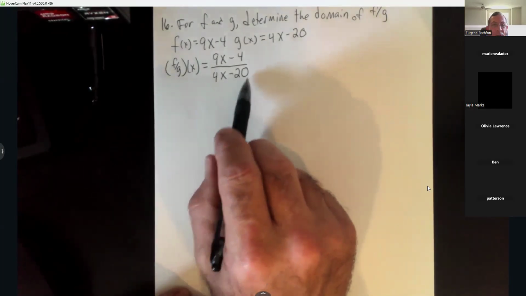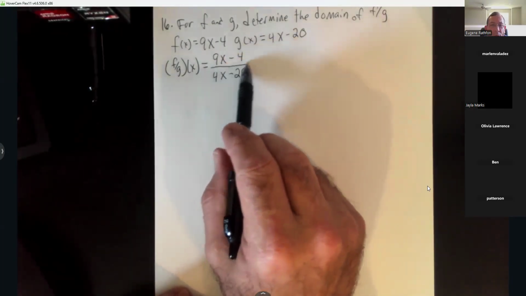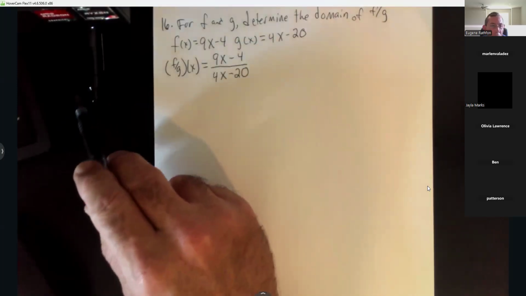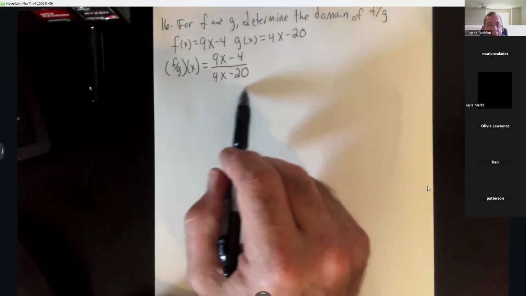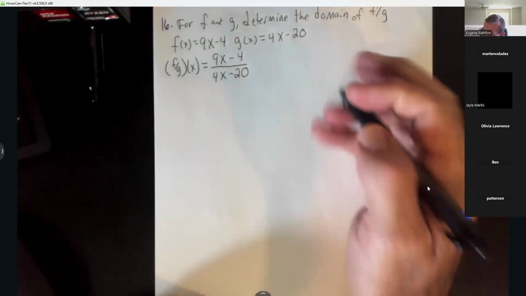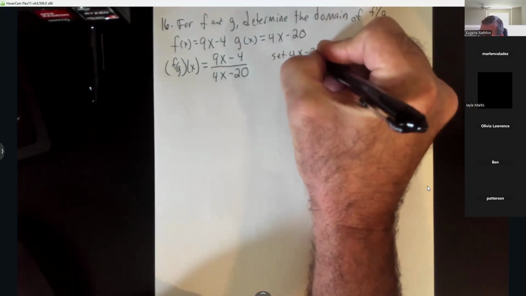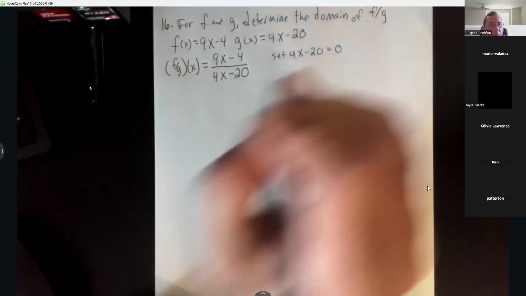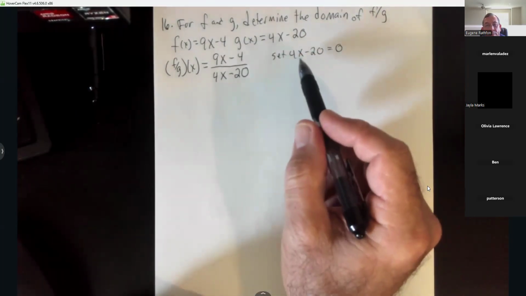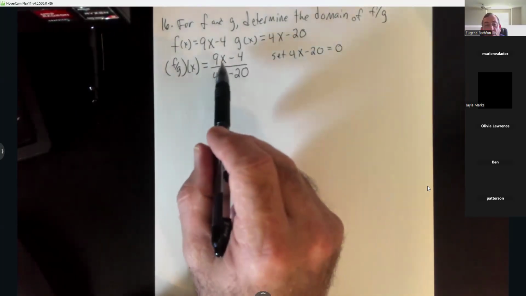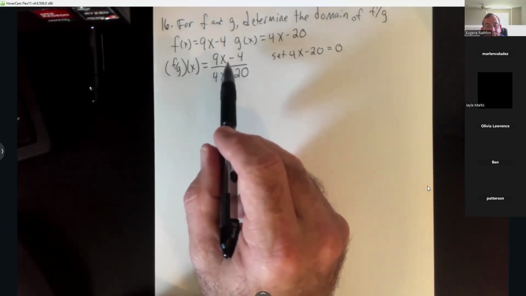So y'all, here's the trick on this one. I do not care at all about the top of that fraction. So Marlon, good job. We're only worried about the denominator. So you're going to set 4x minus 20 equal to 0. We'll solve this for the x, and then that number's getting excluded. I don't care what you got on top.